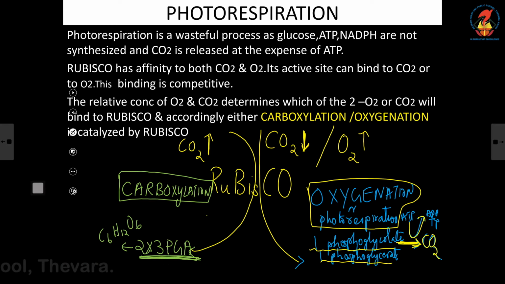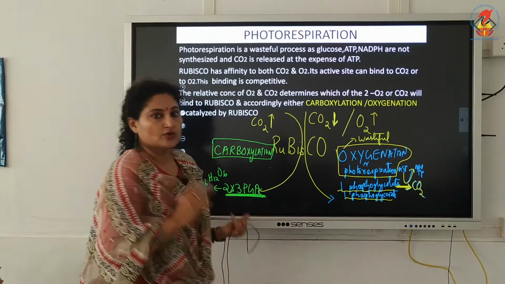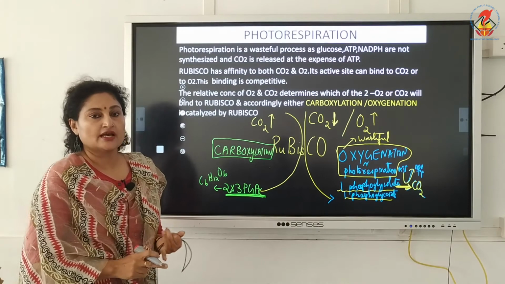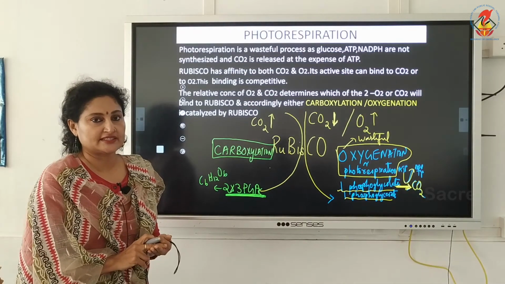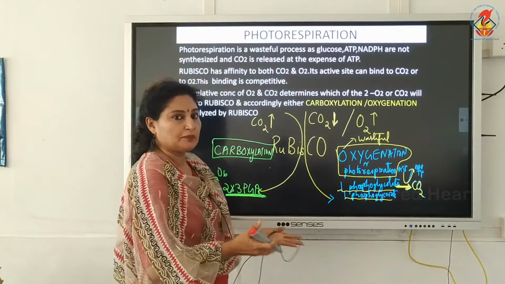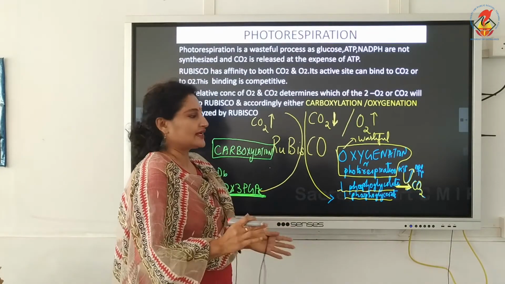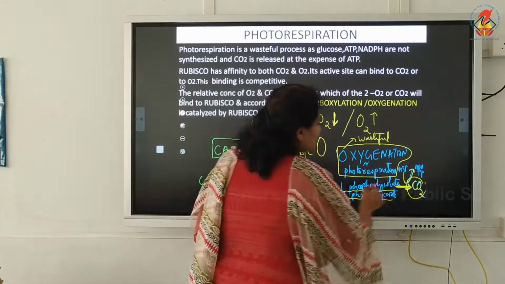Now, why did I say it is a wasteful process? Because glucose is not synthesized, energy molecules like ATP and NADPH are not synthesized, and worst of all, the ATP is utilized for releasing carbon dioxide.